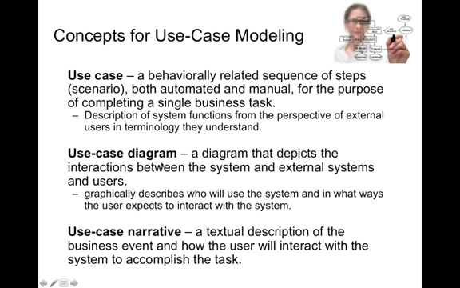I can use a diagram that is a graphical representation of the interactions, and a use case narrative. Often people will do these together. A use case diagram is a really nice way to begin, to just get a really rough idea of who's involved, the people that are involved, and the functions that are involved. But eventually everything needs to have a use case narrative, text that actually describes the process.